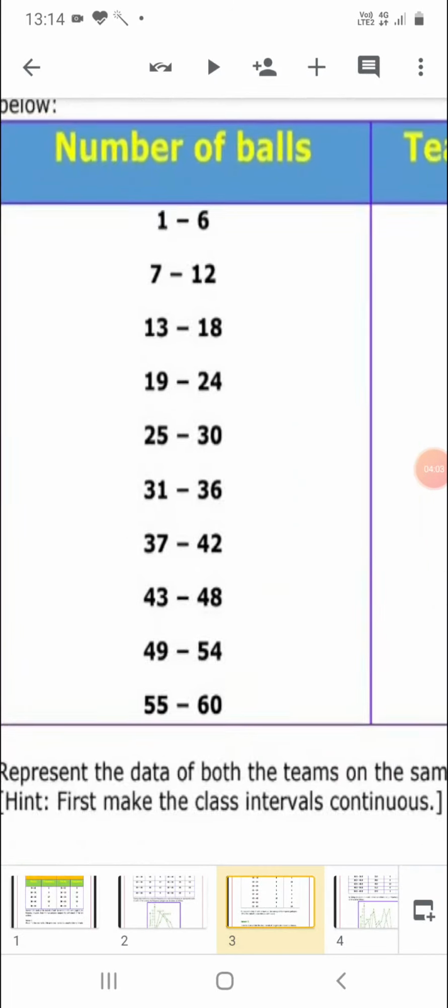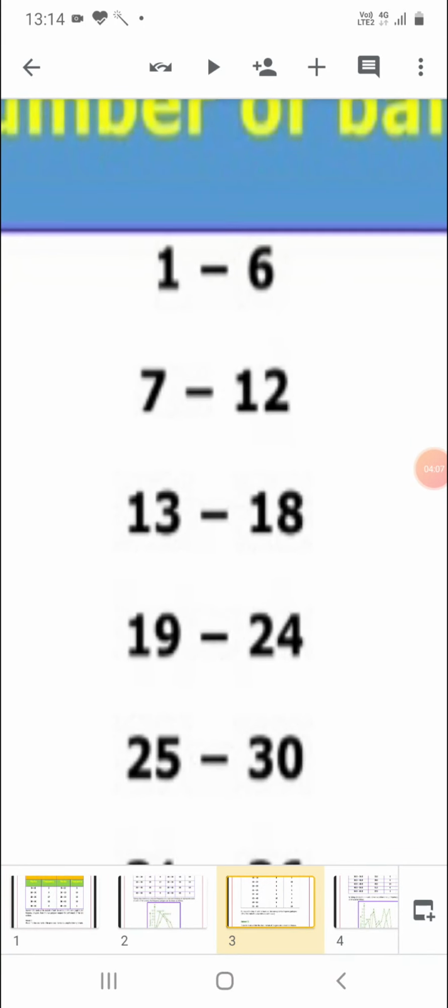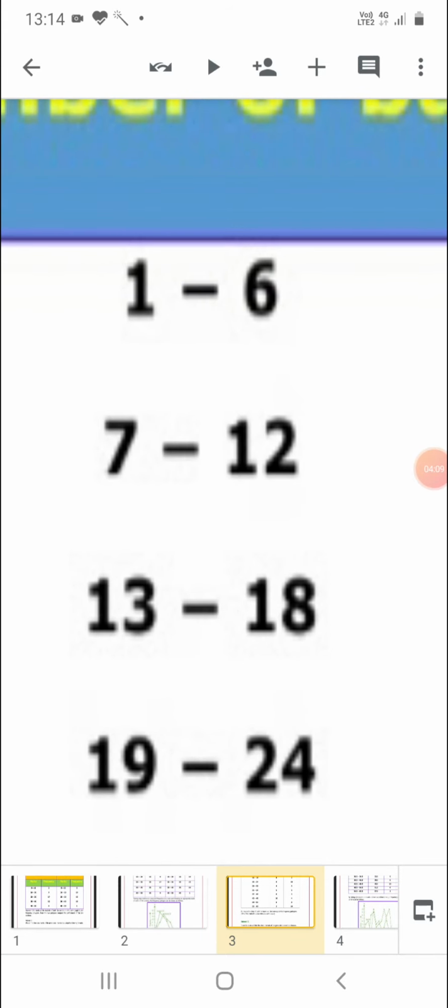But what is the difference in this question, dear students? Just look at these classes. In the first class, the lower limit is 1, the upper limit is 6. In the second class, the lower limit is 7, but it should be 6. It should be continuous.